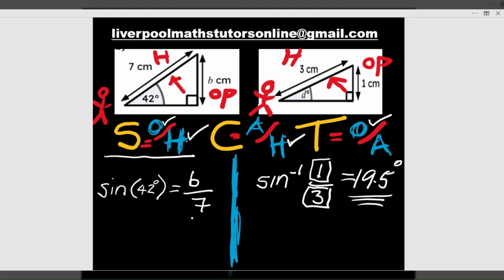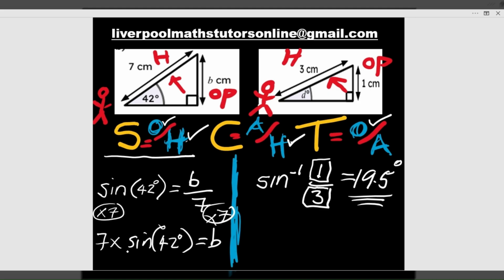Now, I'm going to do a little bit of moving around here to get the B on its own. So what I'm going to have to do is times through by 7. And it ends up as 7 times by the sine of 42 degrees is equal to B. Right, so if you put that one into the calculator, it comes out as 4.68 centimetres.